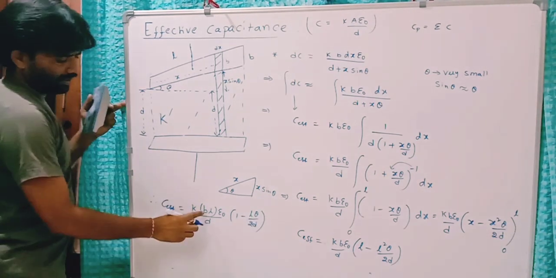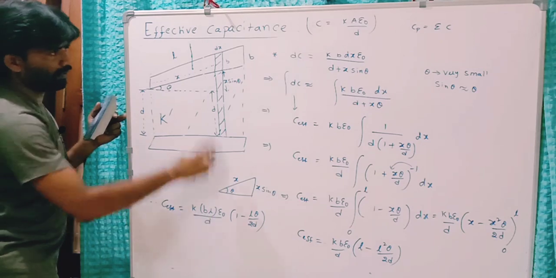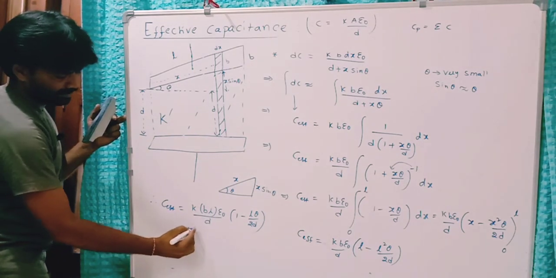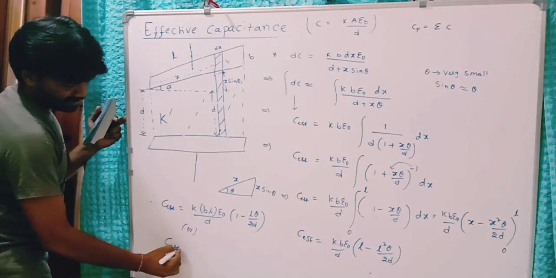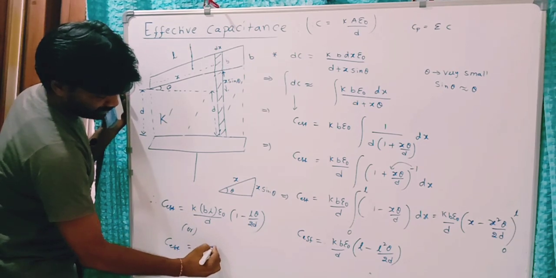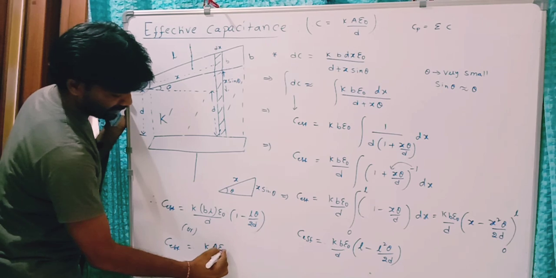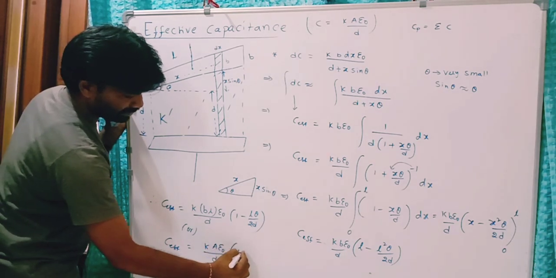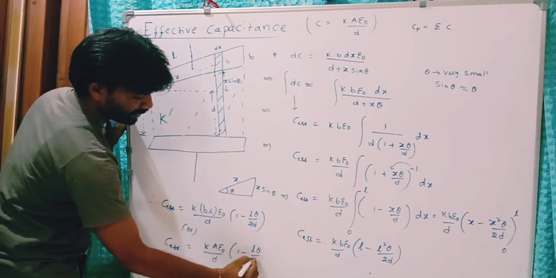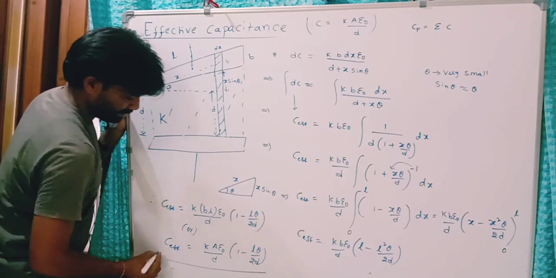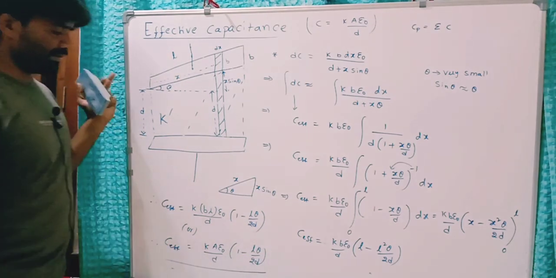This is the equation. Length and breadth product gives the area of the plates, so our effective capacitance is also equal to K A epsilon naught by d, times 1 minus L theta by 2d. That is the equation.